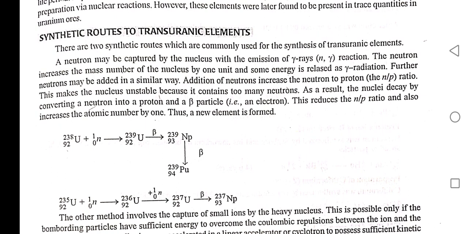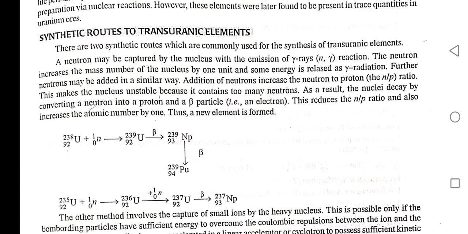Synthesis routes to transuranic elements. There are two synthesis routes commonly used for the synthesis of transuranic elements. A neutron may be captured by the nucleus with the emission of a gamma ray. The neutron increases the mass number of the nucleus by 1 unit and some energy is released as gamma radiation. Further neutrons may be added in a similar way.